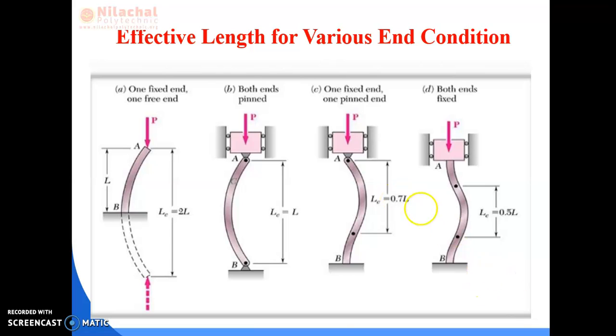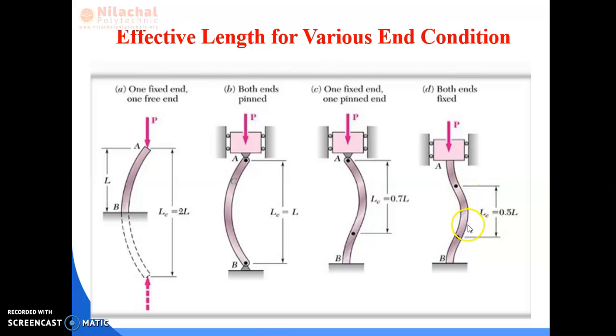If both ends are fixed, the B end of the column is fixed and the A end is free. Now we apply the crippling load P upon it. This crippling load will cause the failure at points A and B. There are 2 points, and the middle portion from one black point to the other black point is the effective length.